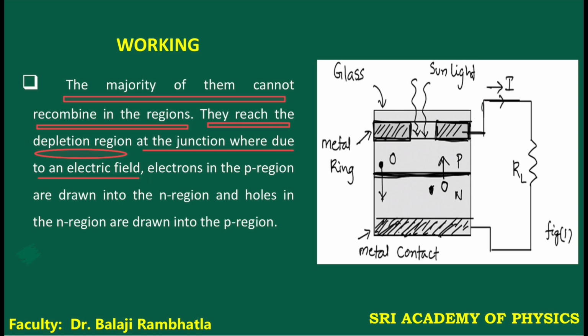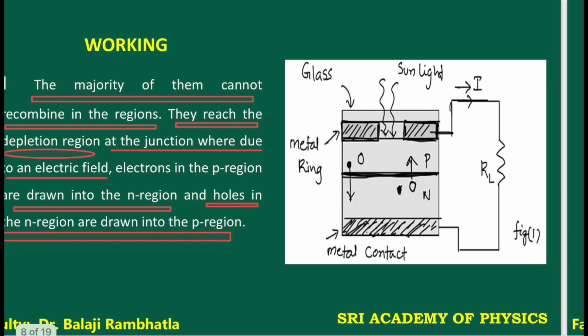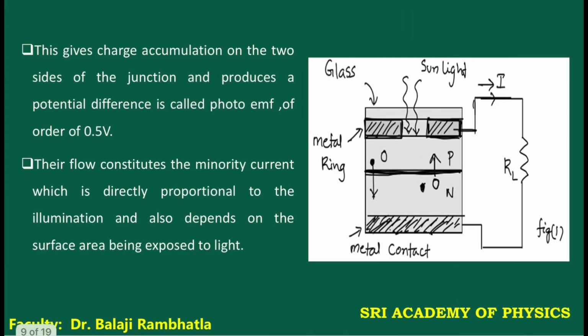Okay, the electrons in the P region are drawn into the N region, and holes in the N region are drawn into the P region. Right. This gives rise to charge accumulation on the two sides of the junction and produces a potential difference, in the order of 0.5 volts.